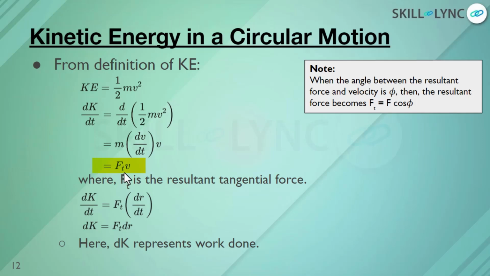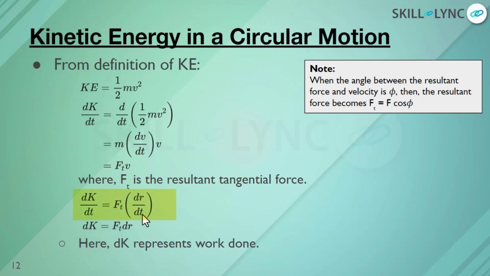So kinetic energy change can be written as Ft v, where Ft is the resultant tangential force. How is it calculated? The resultant tangential force is calculated as mass of the body into change of velocity per unit time, that is acceleration.